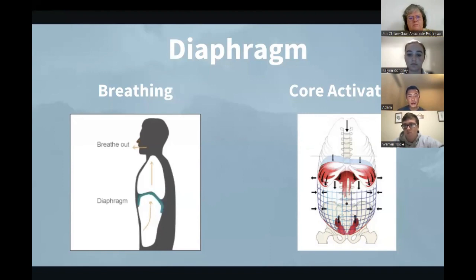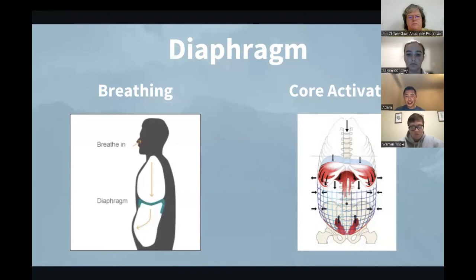That's how you increase the pressure, because if you were a balloon, right, you wouldn't have pressure. So that's the idea of how we activate our core: by first activating our diaphragm, and then engaging our obliques or our TA to constrain the pressure, right?